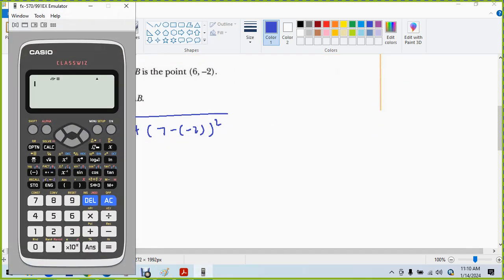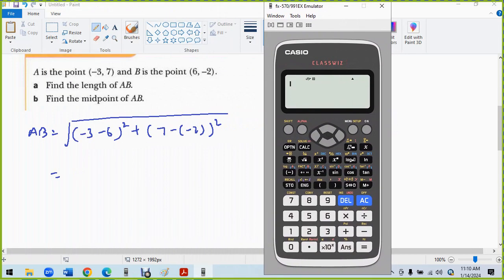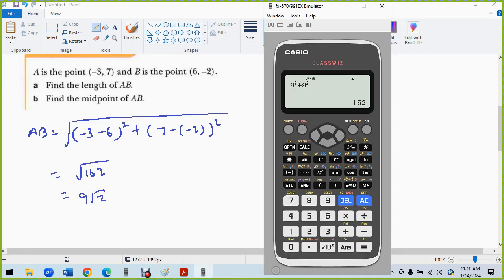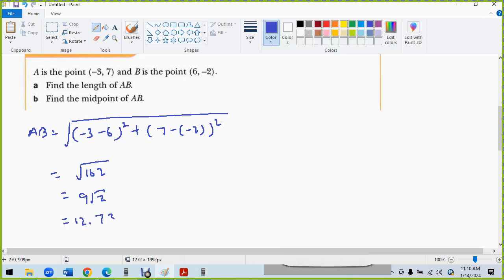This one is 9, so negative 9 squared is actually 9 squared, plus this one also 9 squared. So it's square root 162. Square root 162 is 9 square root 2, which is 12.73.